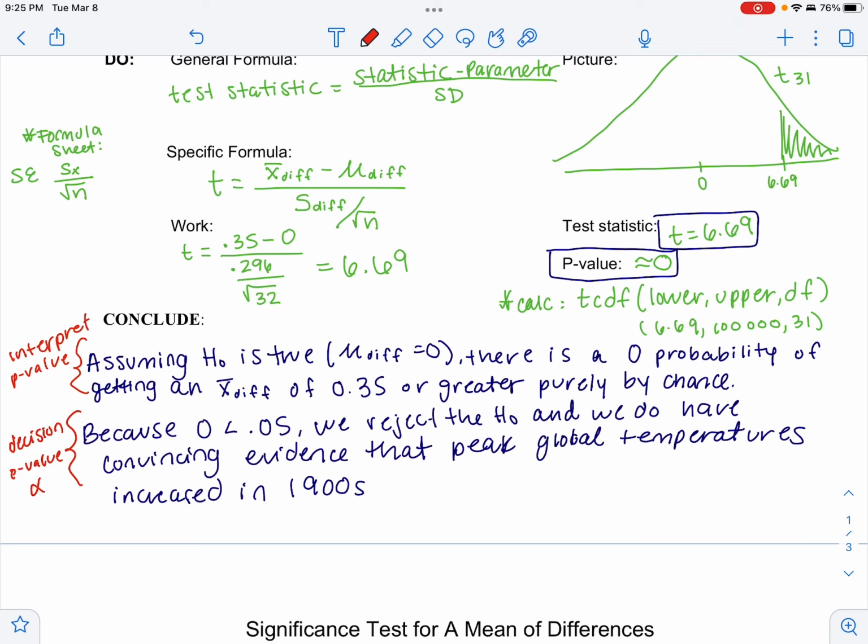So here, because 0, which is our p-value, is less than 0.05, our alpha, we decide that we reject the null. And we do have convincing evidence that the peak global temperatures increased in the 1900s. I'm going to highlight that real quick because this should look a little bit familiar to you.